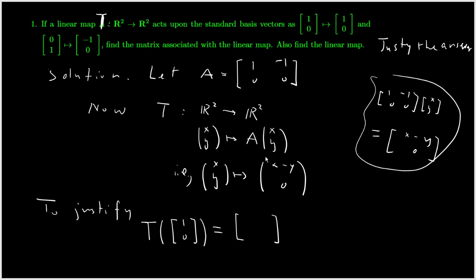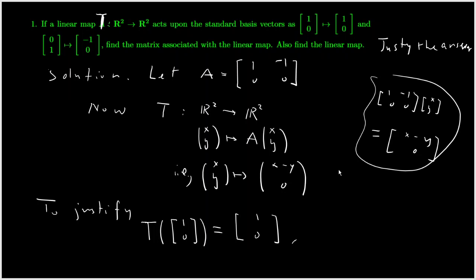The first component is the first component in the input minus the second component in the input. So x value is 1, y value is 0. 1 minus 0, you have 1. And then the second component is always 0.